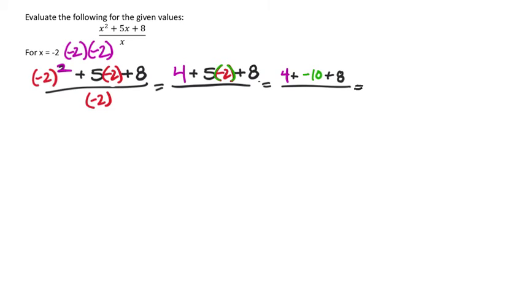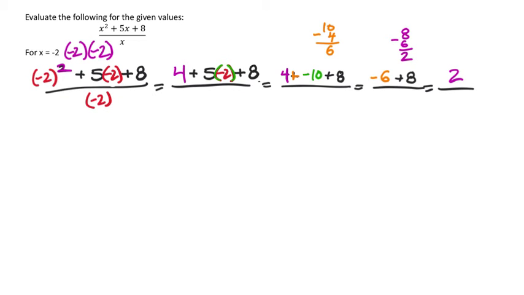So let's evaluate that then, starting with 4 plus -10. There's more negatives here than positives, so it is negative. And then 10 minus 4 is 6. That'd be -6. Now plus 8. And to fully simplify this, -6 plus 8. There's more positives here than negatives, and then 8 minus 6, which is 2. So I end up with +2 there in the numerator.